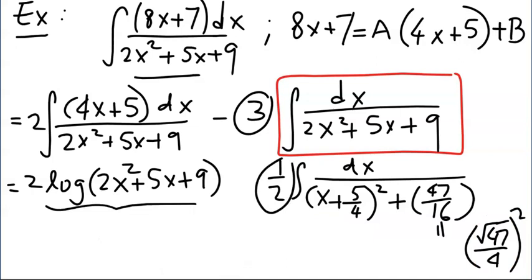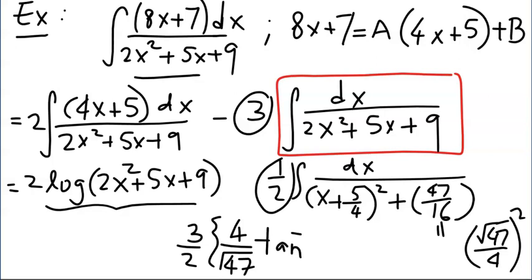So the final solution for the second part is 3 over 2, 1 over the constant, which is a 4 over square root 47, that is like the 1 over beta in our previous formula, arctangent alpha, alpha here is x plus 5 over 4, over square root 47 over 4.